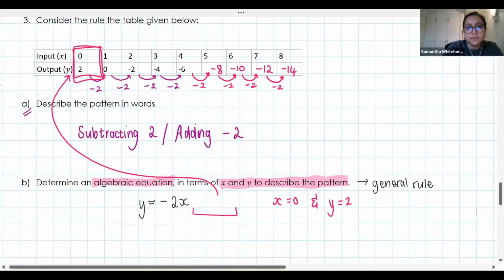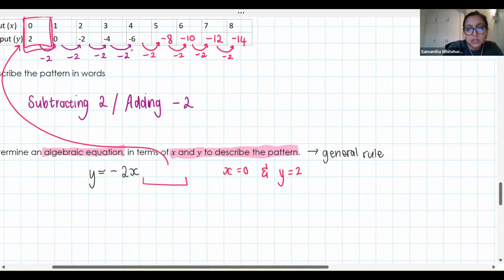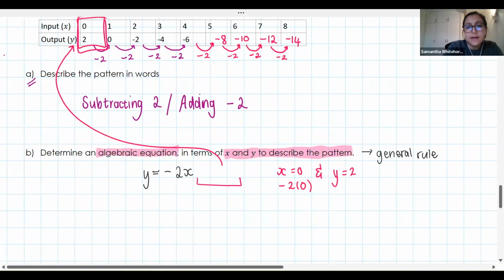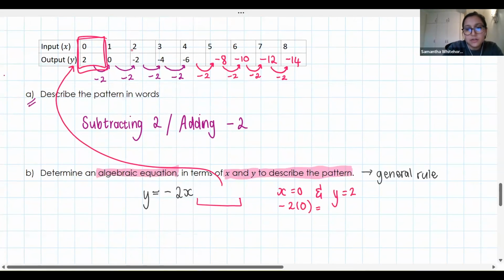If we take our rule as it currently stands and we say -2 times 0, that gives us an answer of 0. But I don't want an answer of 0. I want an answer of 2. And so what that means is that I still need to add 2 to the 0 in order to get that output that I want.